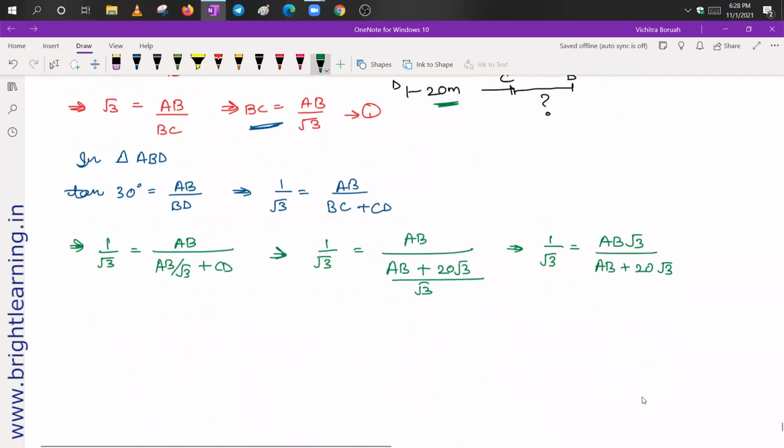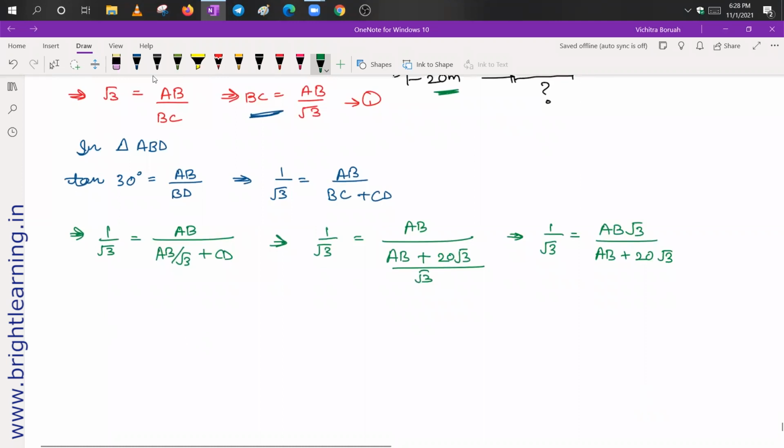Now next you do the cross multiplication. Okay. So you will get AB plus 20 √3 is equal to, now this √3 gets multiplied with this AB √3. So √3 into √3 is 3. So you will get here 3AB. Next, this AB goes on the right hand side, so it will become minus AB.